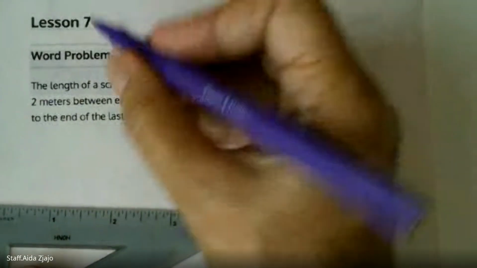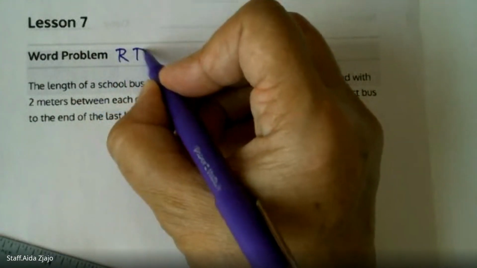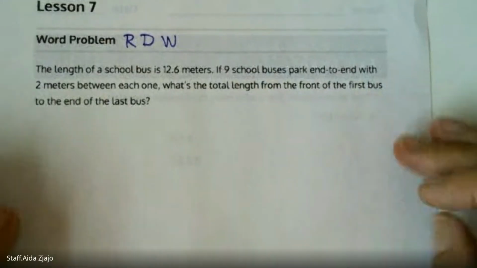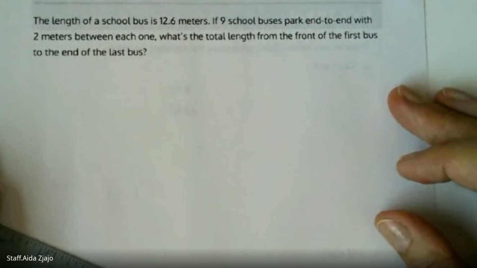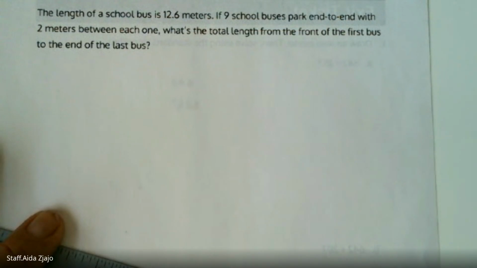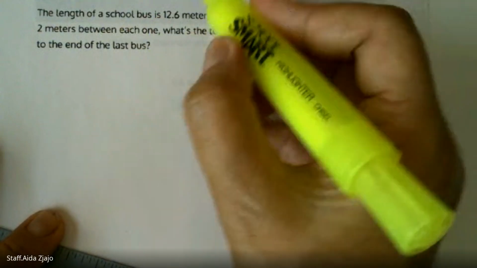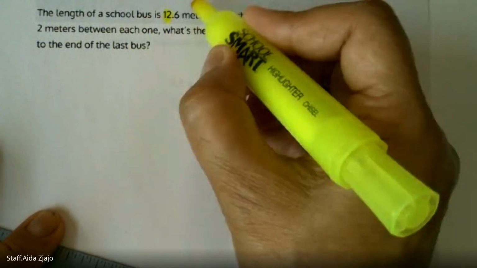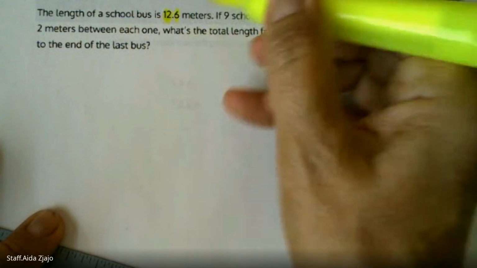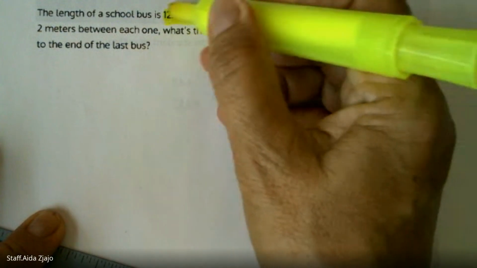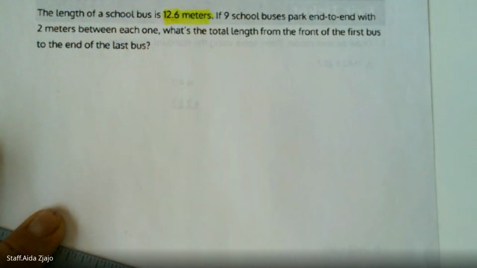We're going to use the read, draw, and write strategy. Let's read the problem. The length of a school bus is 12 whole meters and 1/10 of the next meter, so 12.6 meters.